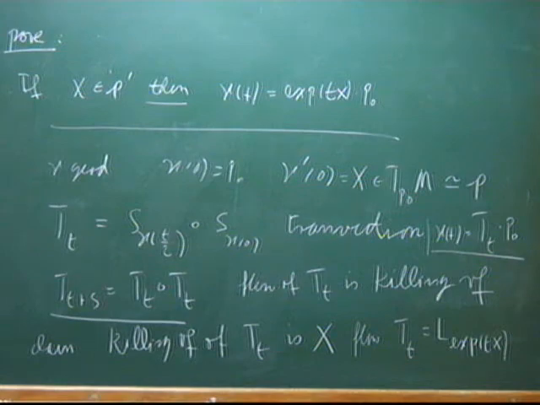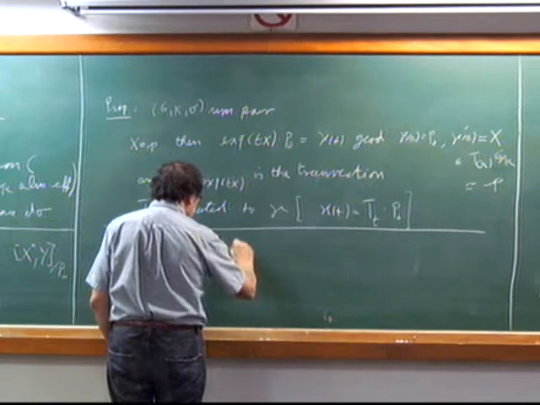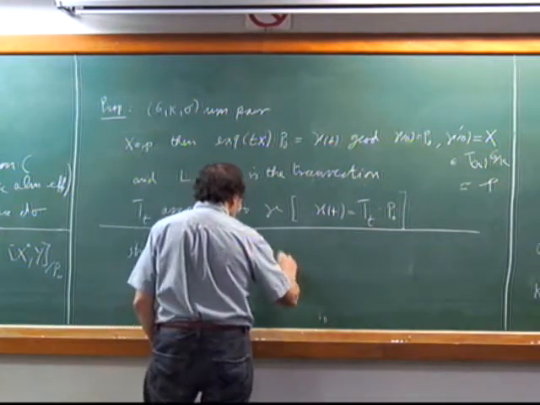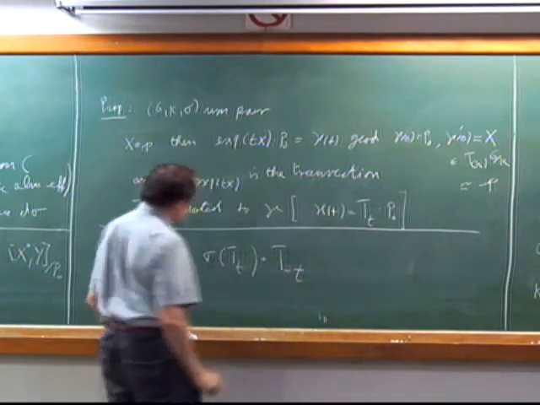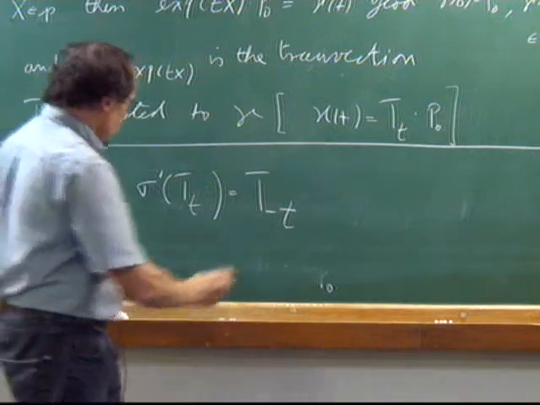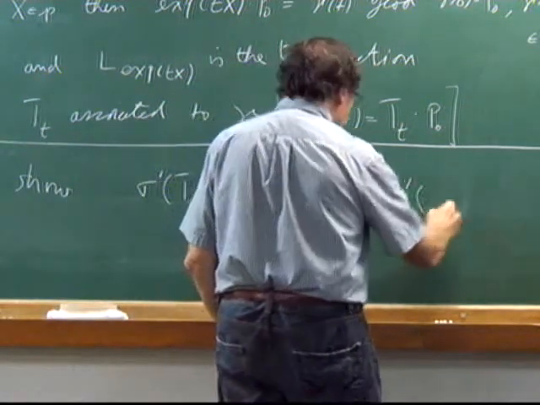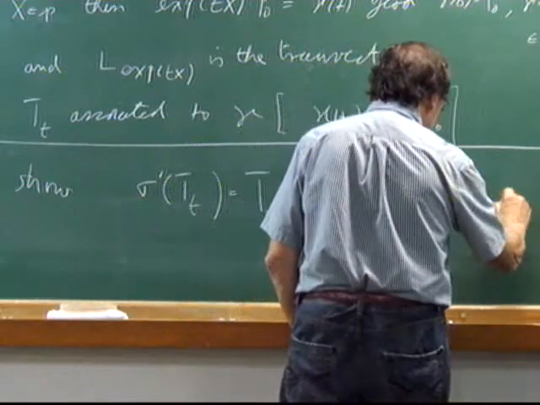I'm going to show that sigma of tt is t minus t. So sigma takes a transvection into the opposite direction, sigma prime. This would imply then that d sigma prime applied to x is minus x.